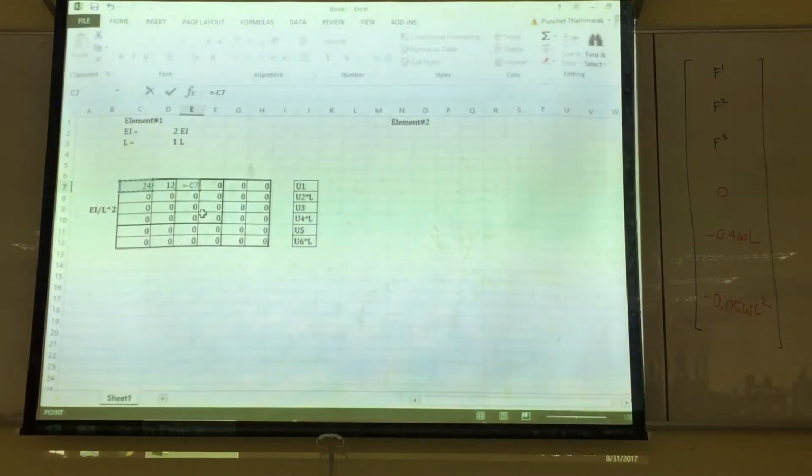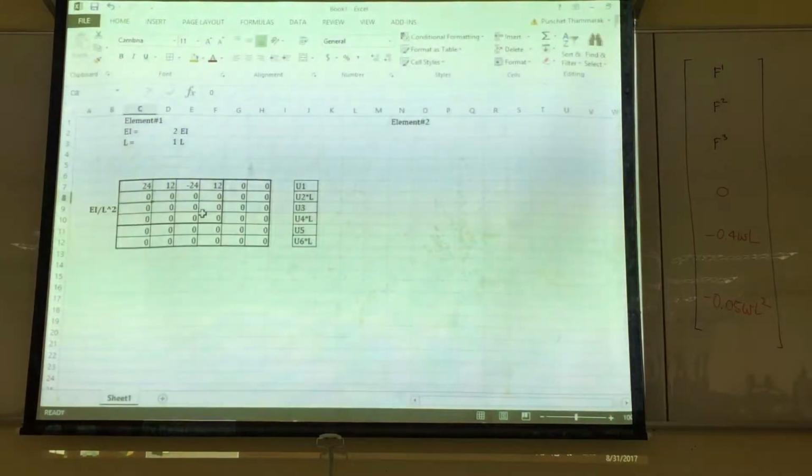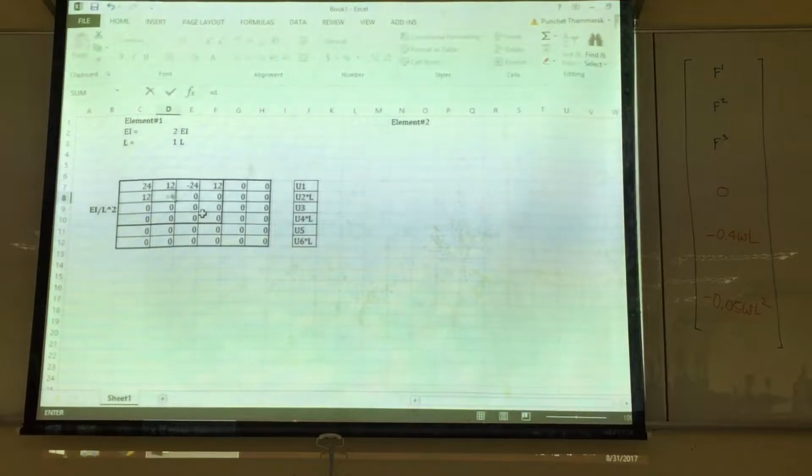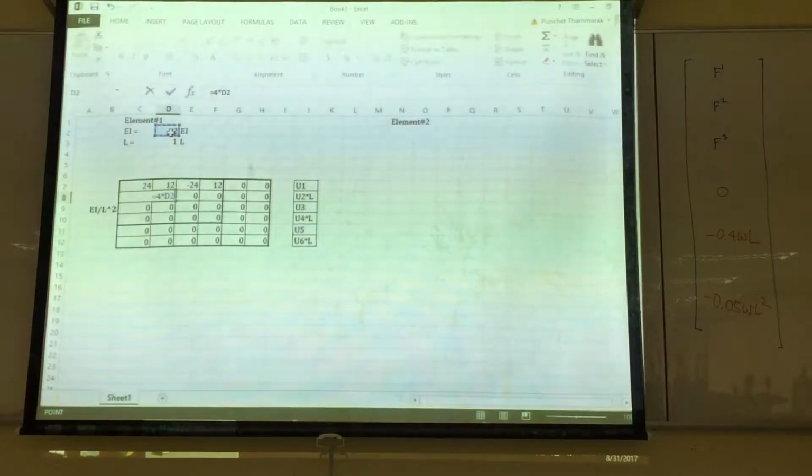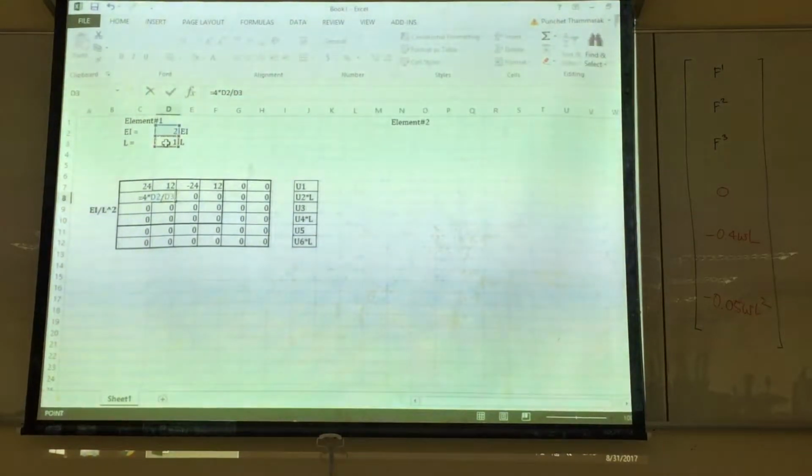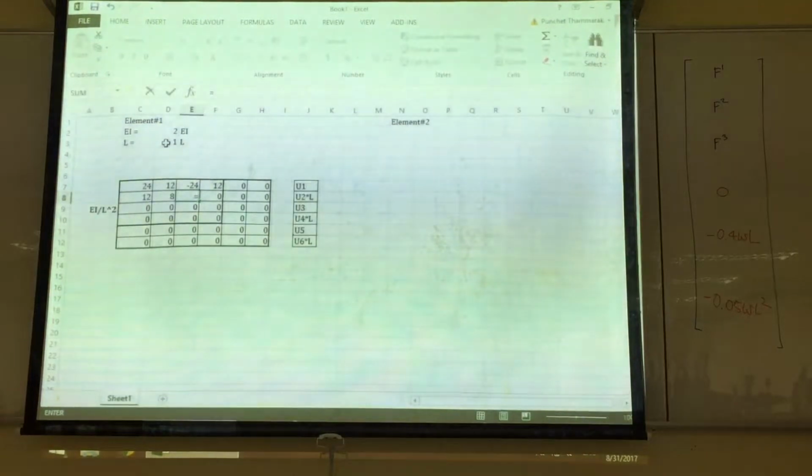Equals to minus, equals to this one, equals to this one, equals to 4 times EI over L, equals to minus of this one, and equals to 0.5 of this one.